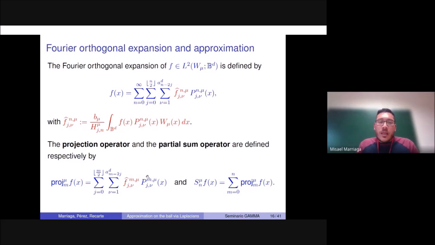Then using these projections, I can define the partial sum operator by adding all of these projections up to degree n, and this is just the partial sum of the Fourier series of f. So the first one projects functions into the space of orthogonal polynomials of degree m, and the second operator projects any function onto the space of polynomials of degree at most n.